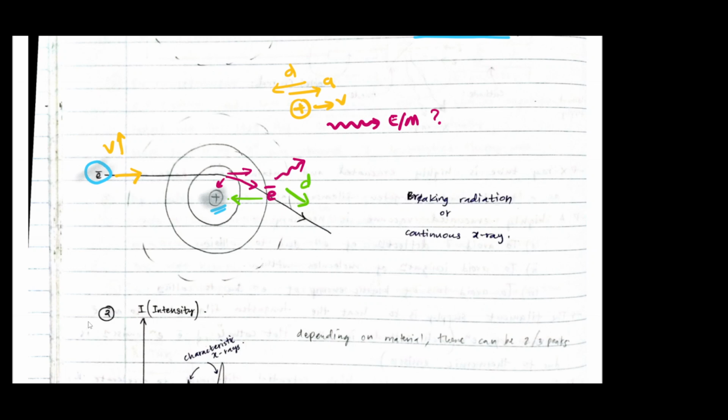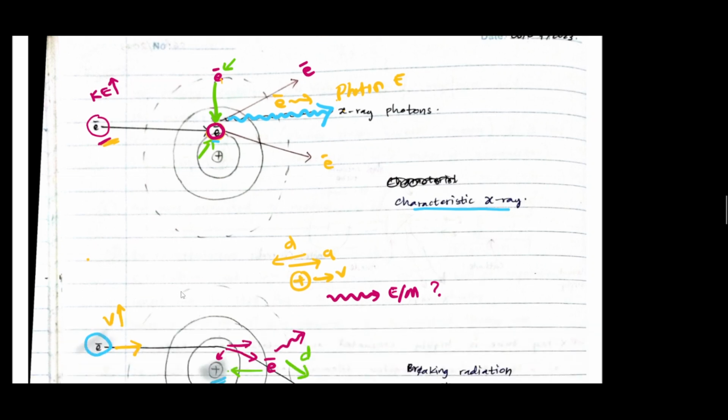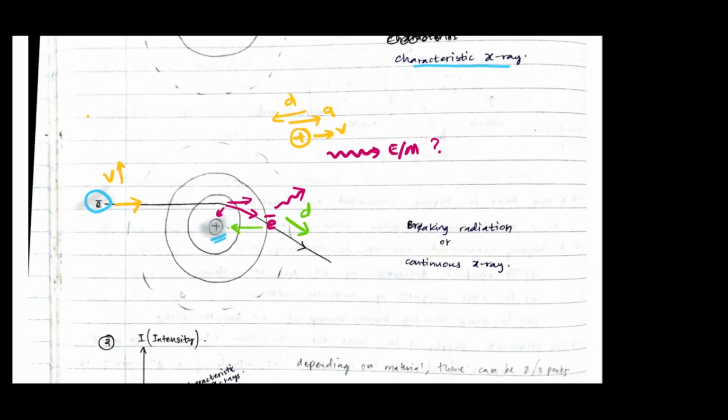Now we know that the wavelength depends on the photon energy, and photon energy depends on how much energy the electron releases, and that depends on how much kinetic energy the electron has. When the electron has more kinetic energy, it can release more energy, and as its kinetic energy reduces, it can only release a small quantity of energy.